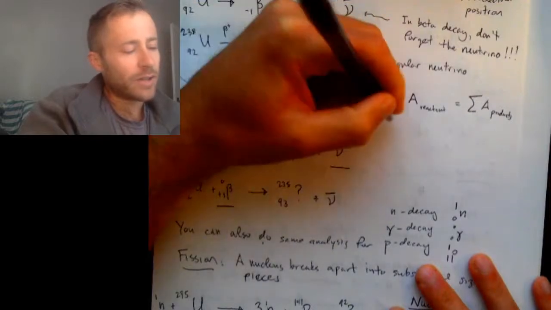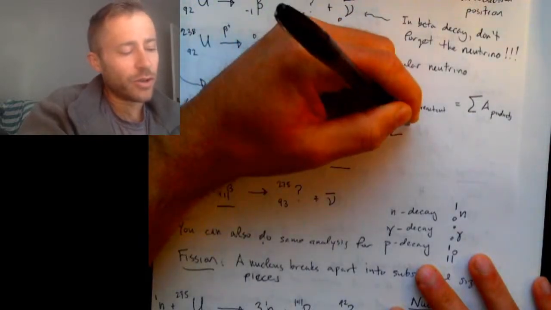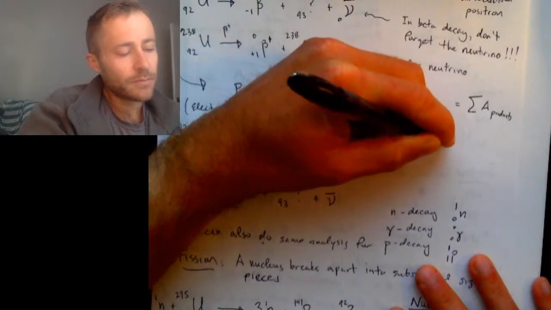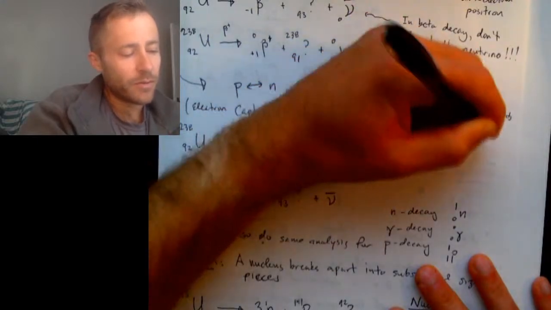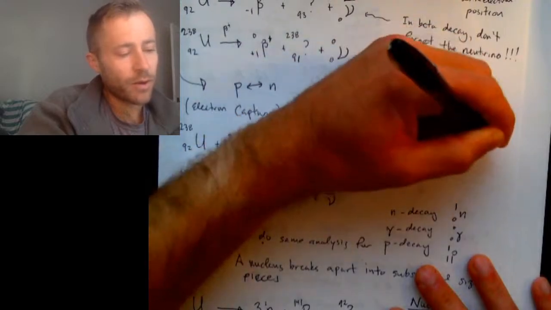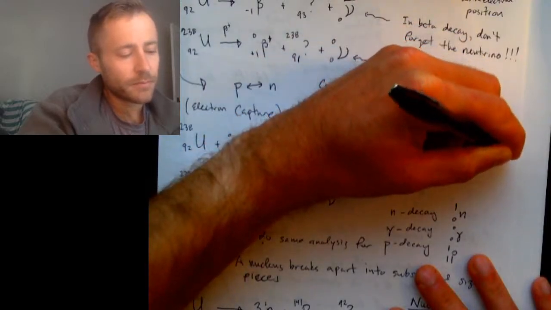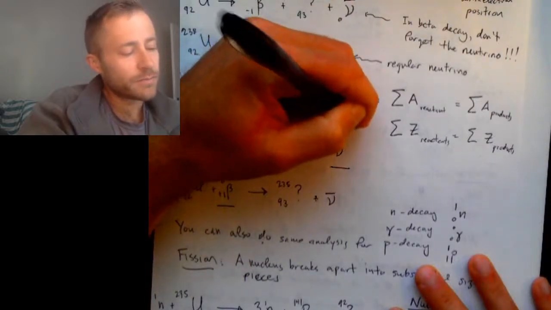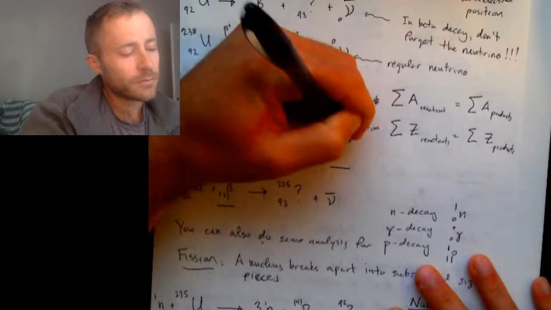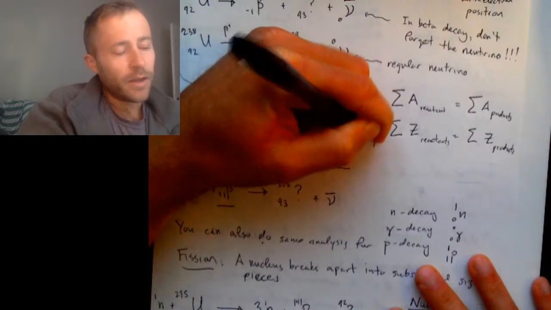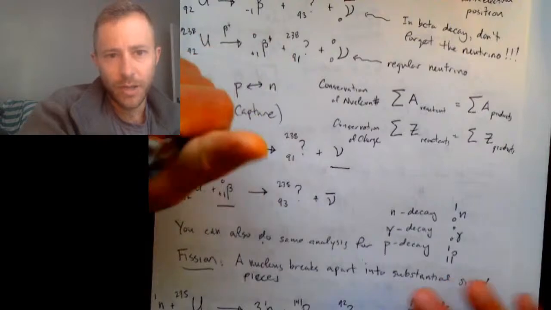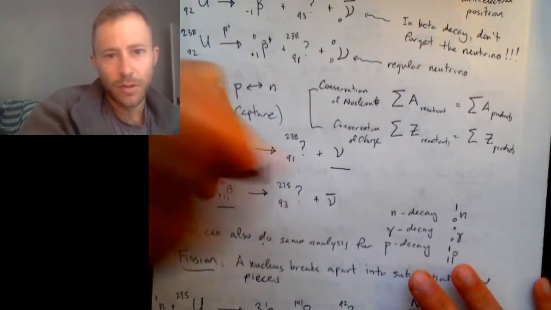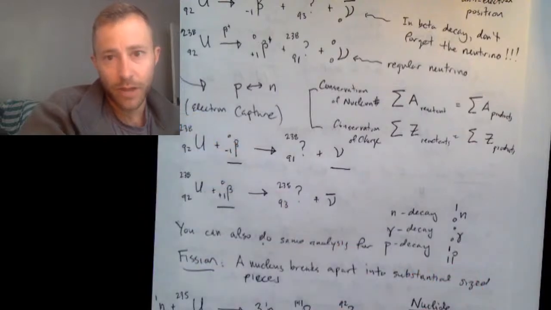And then the sum of the charge of the reactants has to equal the sum of the charge of the products. And this is conservation of charge. And so basically you should be able to use these laws to find an unknown product in a reaction.